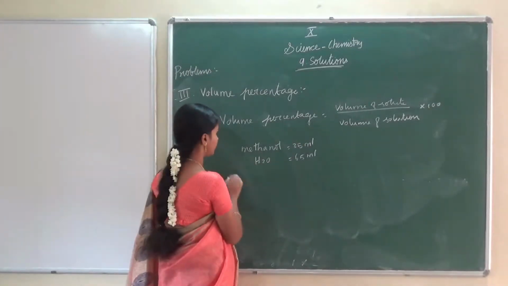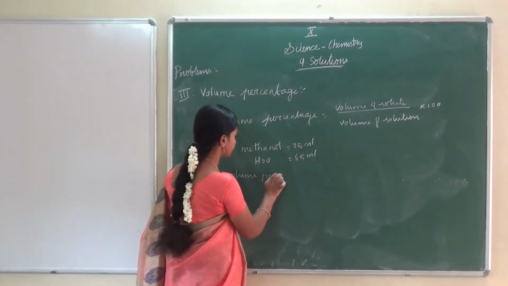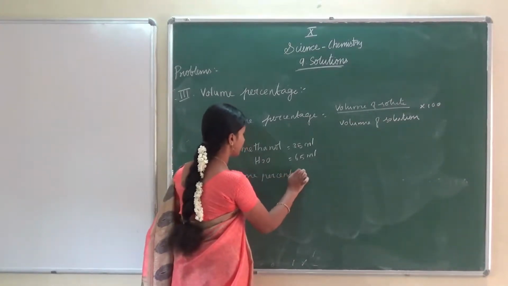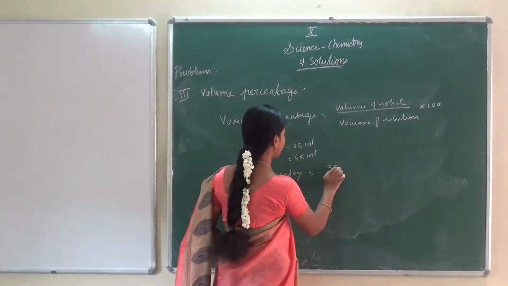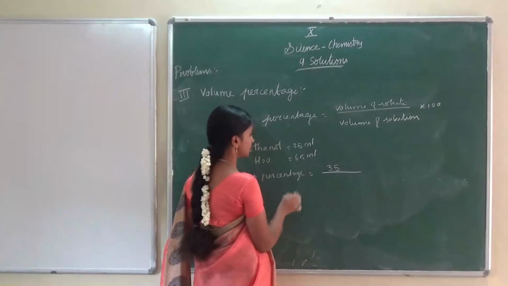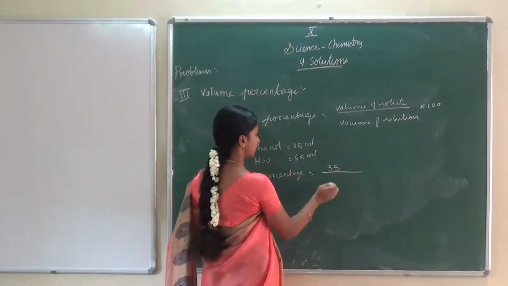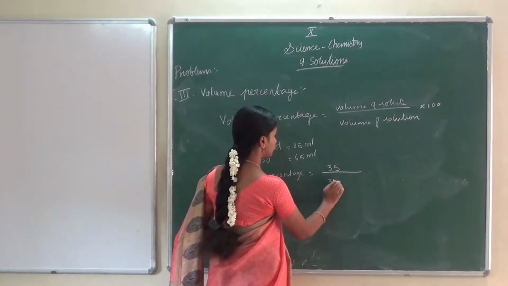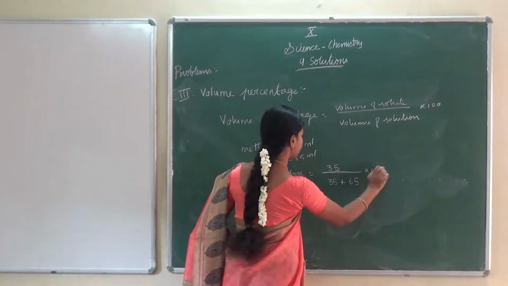Now we are going to apply this formula. Volume percentage is equal to volume of solute, 35, divided by volume of solution. Solution is again what? Solute plus solvent. So volume of solute plus volume of solvent into 100.